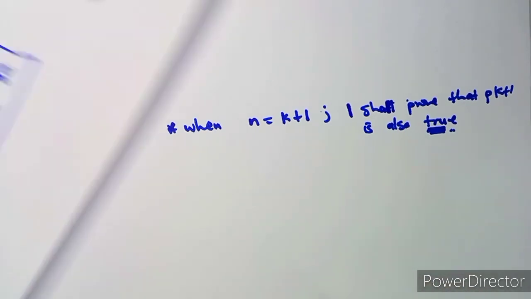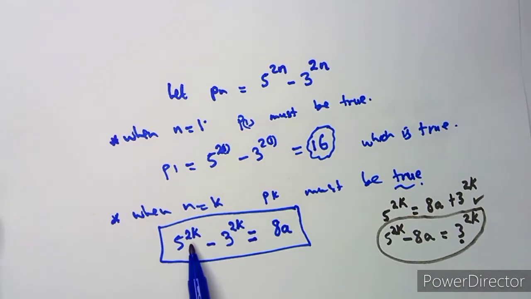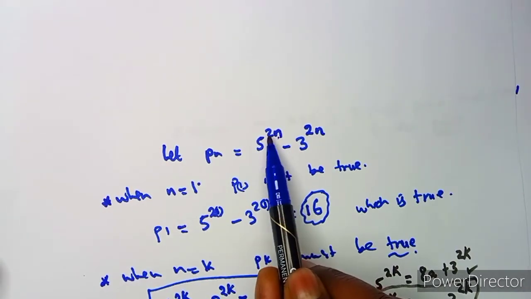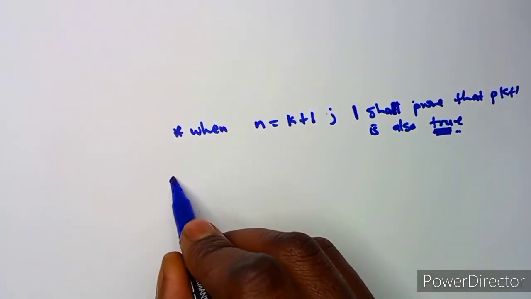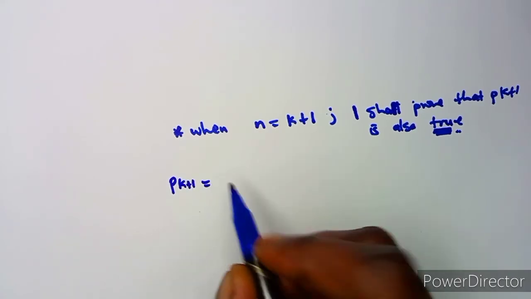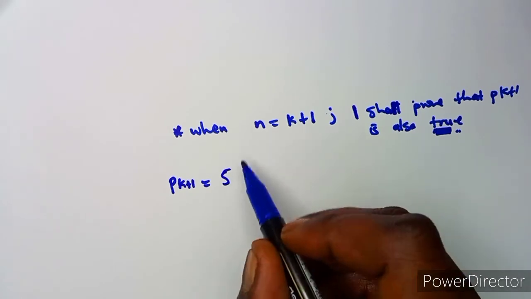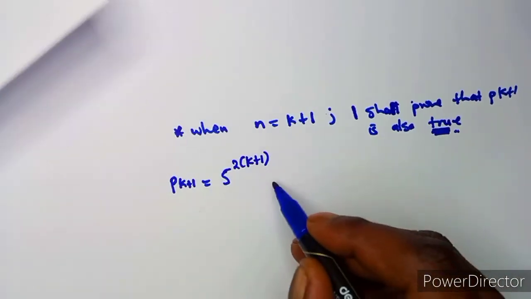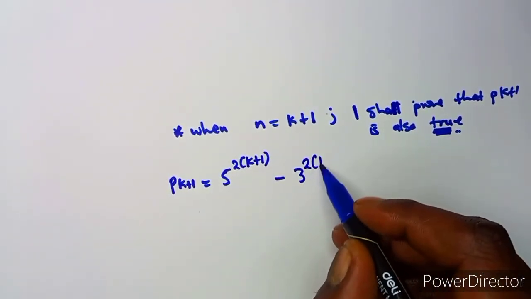So let's prove. In place of n here, I'm going to have k plus 1. So let's just write pk plus 1 in this case is equivalent to 5 to the exponent of 2 into k plus 1 in place of n, minus 3 to the exponent of 2, the same thing, into k plus 1.